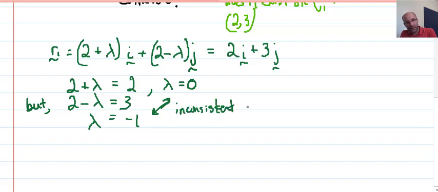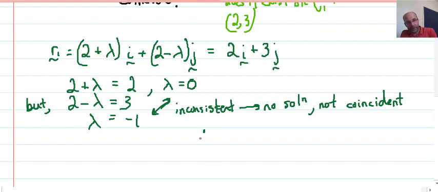So there's no solution to that, and therefore they're not coincident. They don't coincide. What that means, the ultimate conclusion, is yes, they're still parallel, but distinct. Okay, so they're not coincident, they're distinct parallel lines. That's a conclusion we can draw from that.